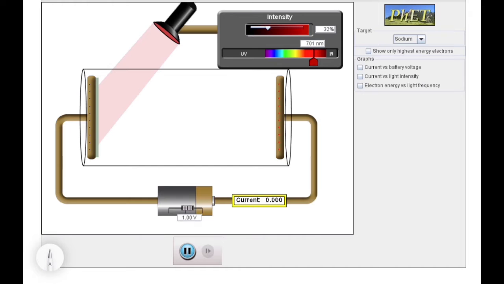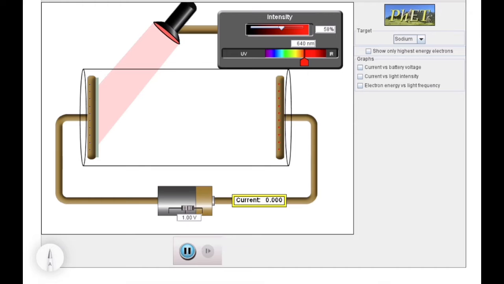So we need a frequency higher than the threshold frequency to eject an electron. The electron emitted here we call a photoelectron. So I repeat, first we need a certain frequency higher than the threshold frequency. Then we can increase the intensity so that the number of electrons emitted is increased.